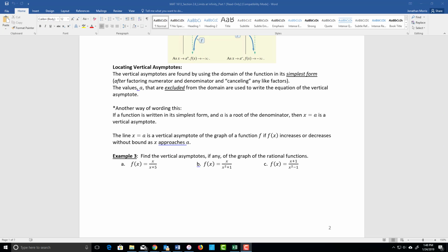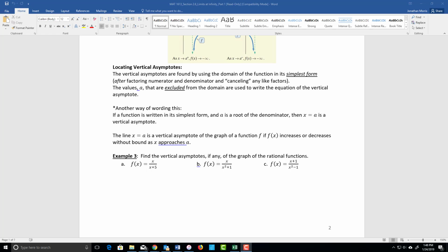But let's talk a little more about locating those vertical asymptotes. It's not necessarily quite as easy as finding out what the domain is. Let's just read through this real quick. The vertical asymptotes are found by using the domain of the function in its simplest form. So after factoring out the numerator and denominator, we need to cancel any like factors.